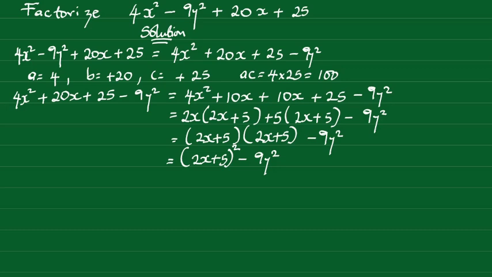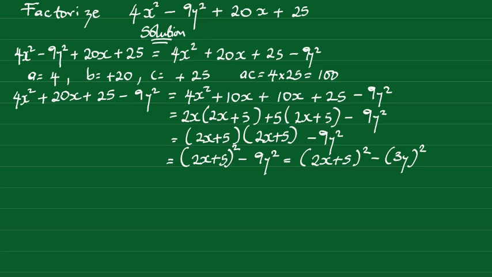Hence, this is equal to bracket open 2x plus 5 bracket close squared minus, 9 is the same thing as 3 squared, so I have bracket open 3y bracket close squared.